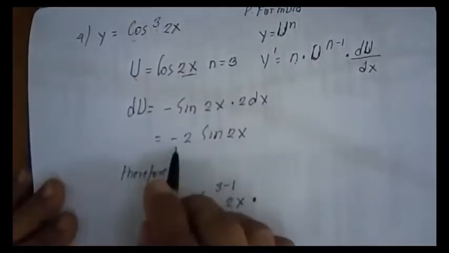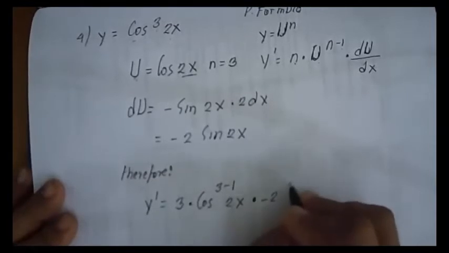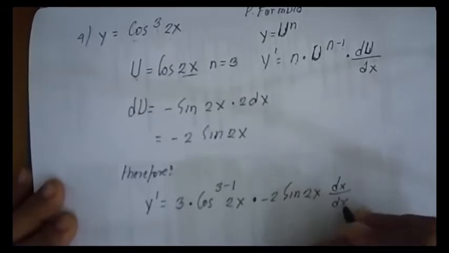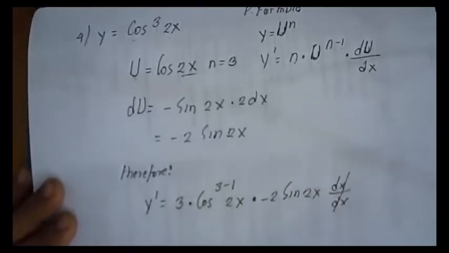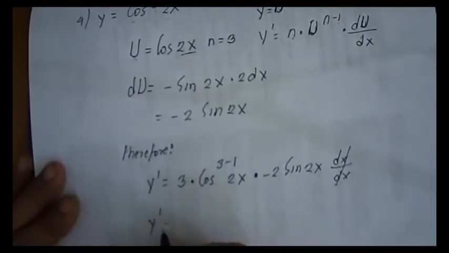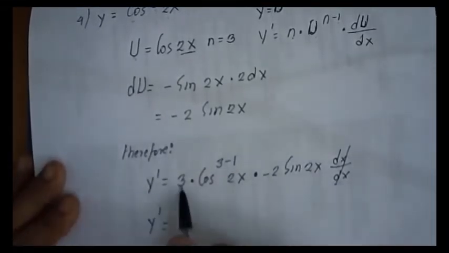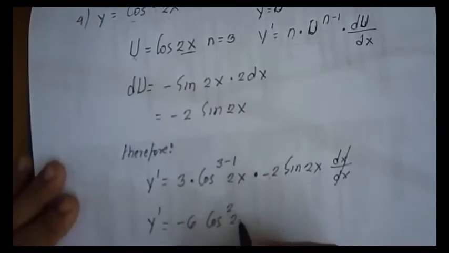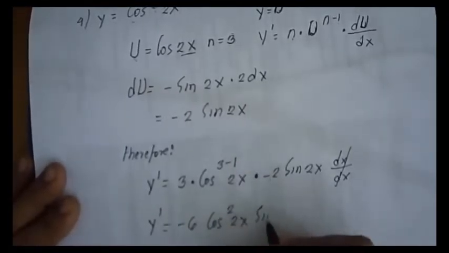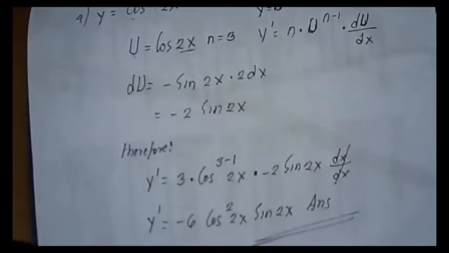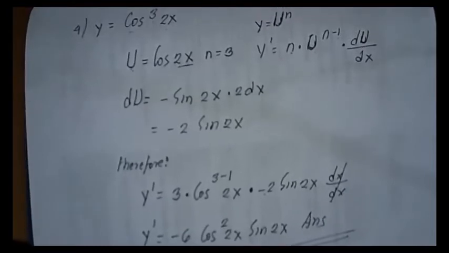Ano yung du natin? Ito, negative 2 sine 2x, dx all over dx. So, magkakancel na rin ito, no? Okay? So, simplifying it further, y prime will be negative 2 times 3, we have negative 6, okay? Cosine to the power 3 minus 1, squared, of 2x, then we have sine 2x. So, this will be our answer. Okay? Any questions po?